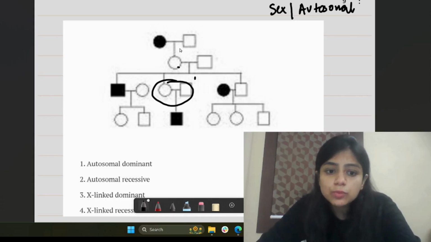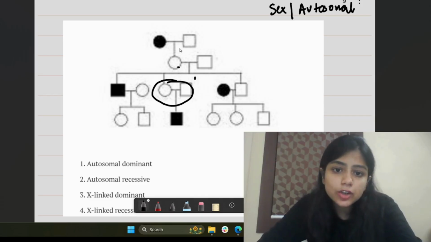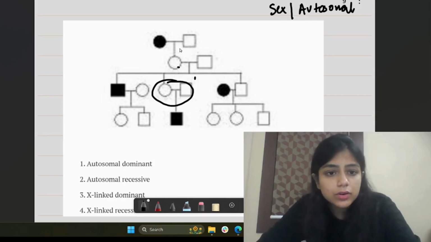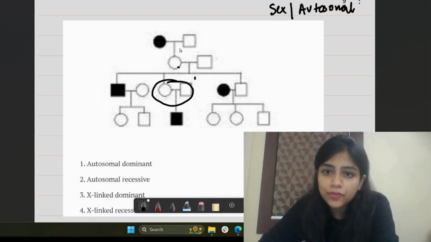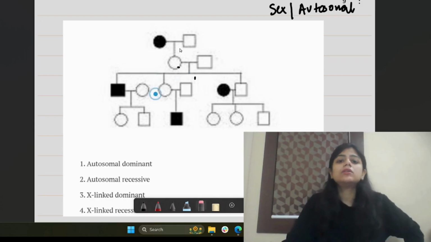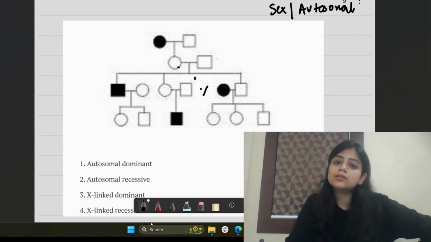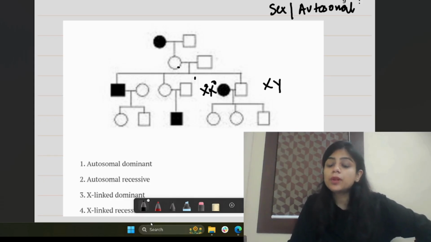Considering it to be autosomal or sex linked, why can it not be X linked? Because let's see here, if the female is affected, see why it cannot be sex linked. Here you are seeing this is affected, right? This is definitely the normal one.